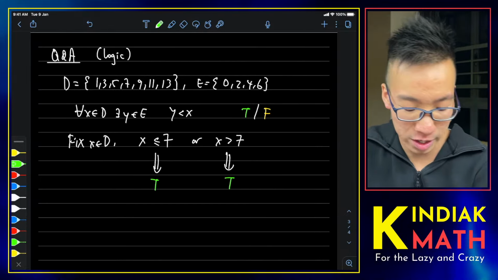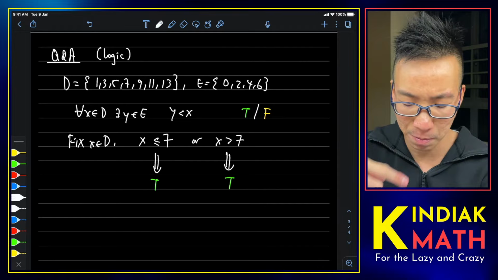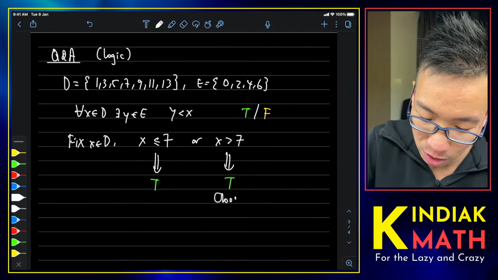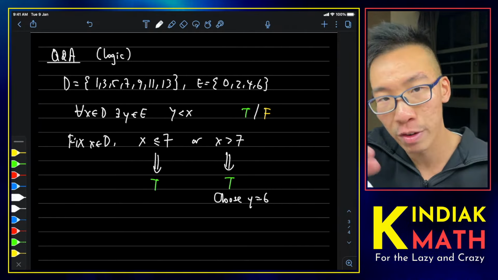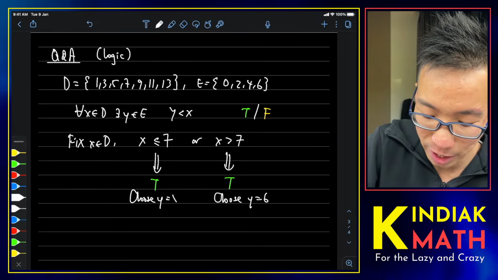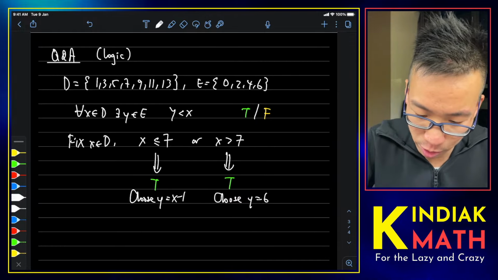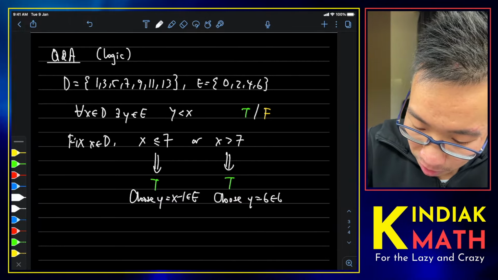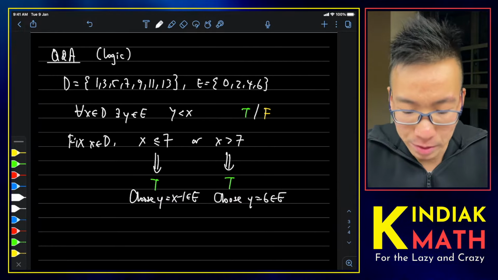For the numbers above 7, you can choose y equals 6, and for the numbers below 7, you can choose y equals x minus 1, which will always belong in E. So that's just an example.